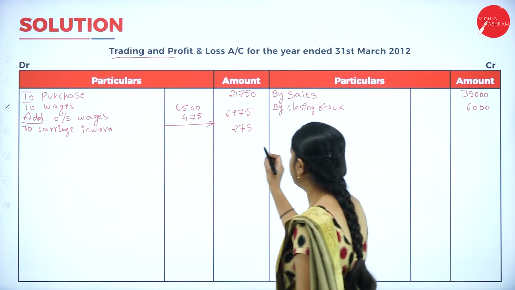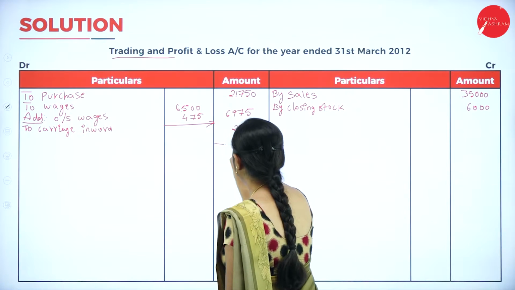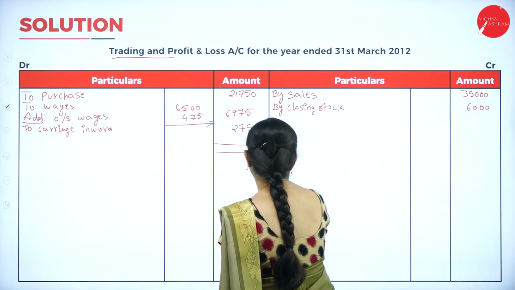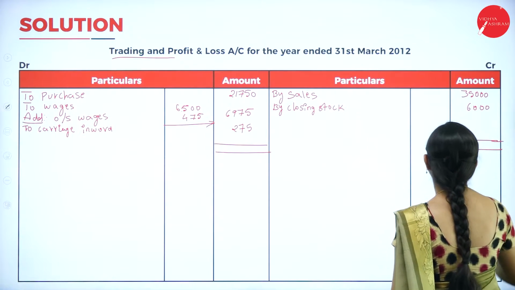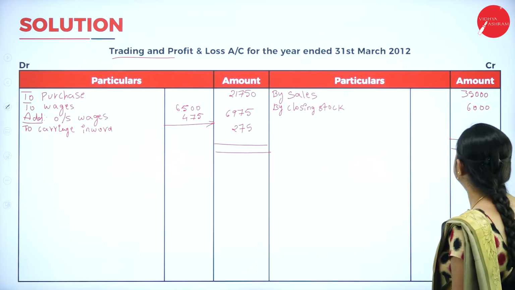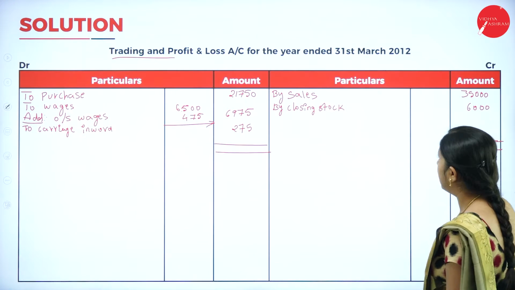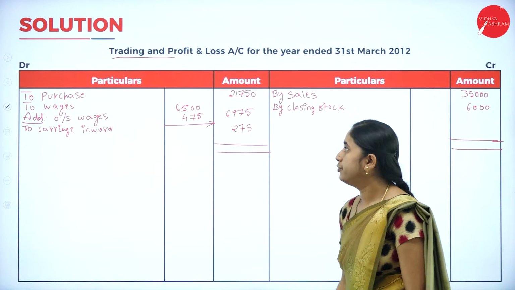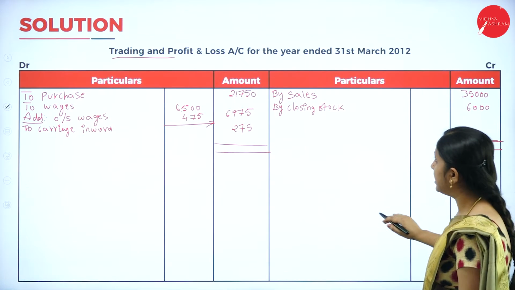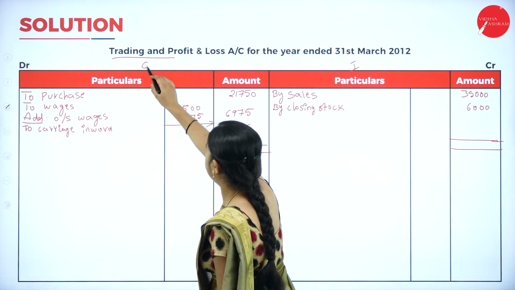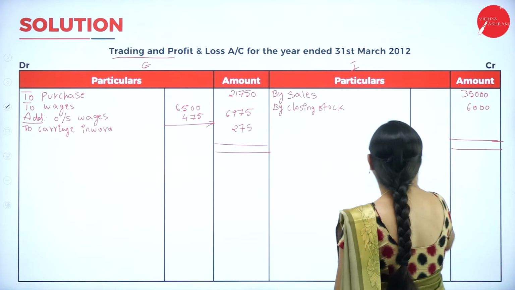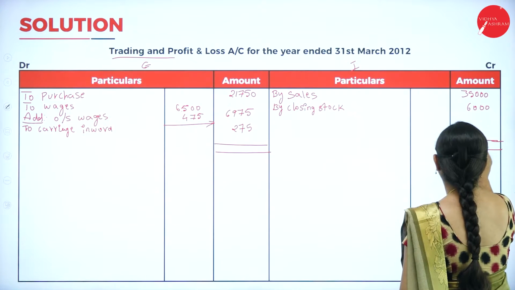So now we have finished all the trading account. Make a total, writing whichever is higher. The credit side will get 41,000, and the total of debit is less than the credit. That means income is more than expense. The total of credit is 41,000.